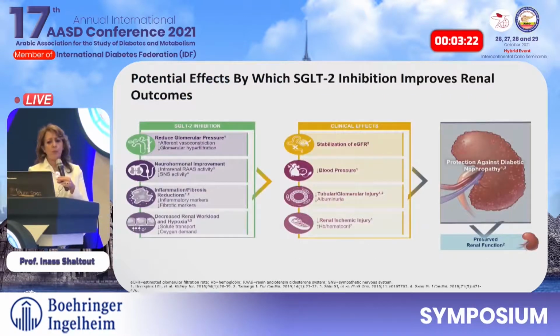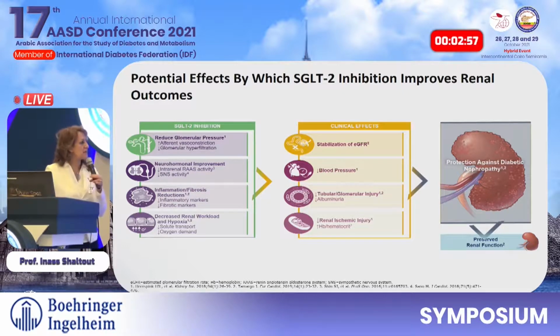And this is a proposed mechanism for inhibition of renal disease or chronic kidney disease with SGLT2 inhibitors, and the main one is reduction of the glomerular pressure due to afferent arteriolar vasoconstriction, and reduction in glomerular hyperfiltration.